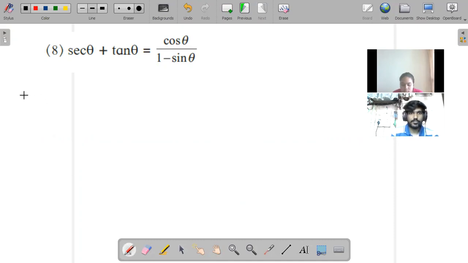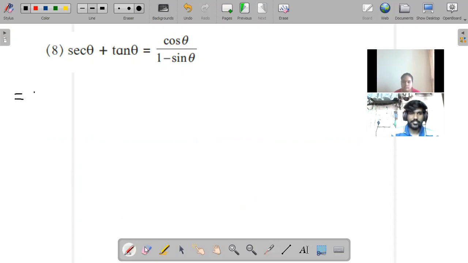Now look carefully at the sum. Left hand side we have sec theta plus tan theta, and in the right hand side we have something different. We have cos theta upon 1 minus sin theta. Okay, so this is something different, but it is possible to get this from this. It is possible.